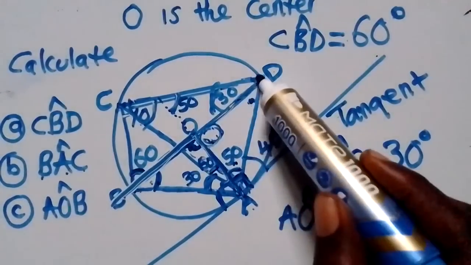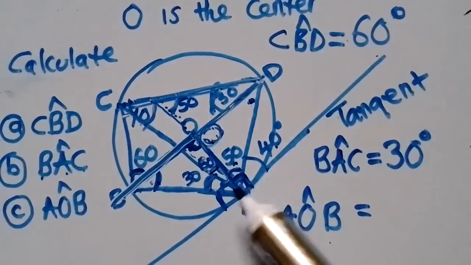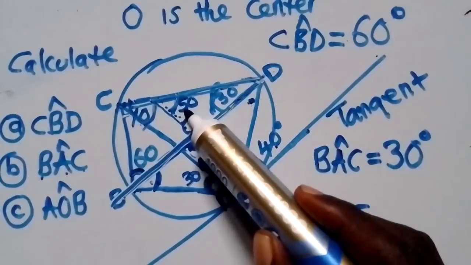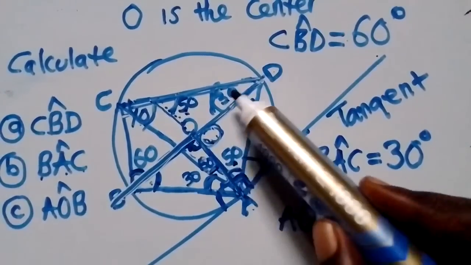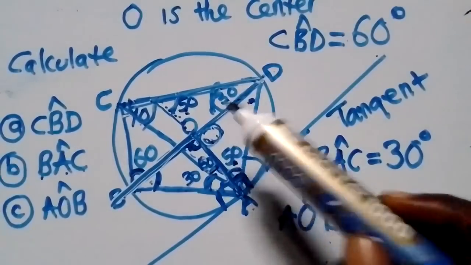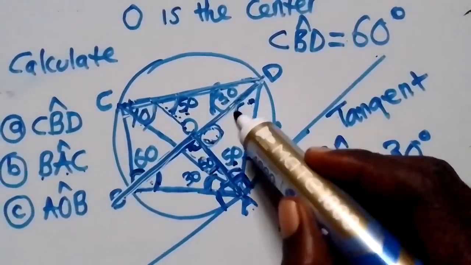We formed a triangle here. 50 plus 50 you get 100, plus 50 plus 30, you get 130. So 180 minus 130, we are going to get a 50 there.